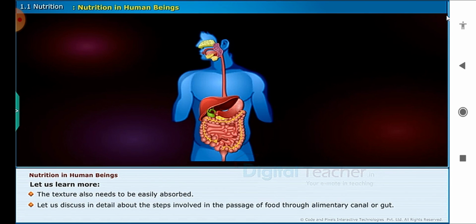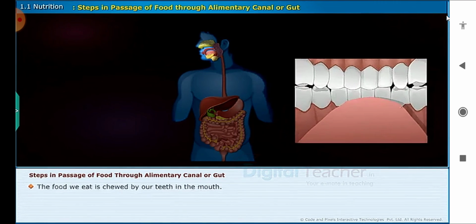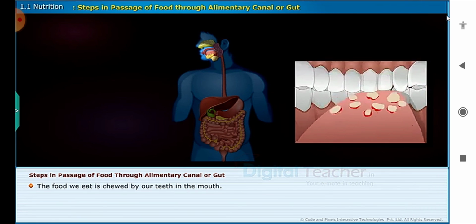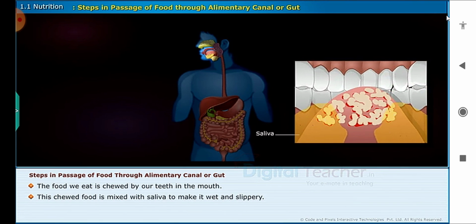Let us discuss in detail the steps involved in the passage of food through the alimentary canal or gut. The food we eat is chewed by our teeth in the mouth. This chewed food is mixed with saliva to make it wet and slippery.